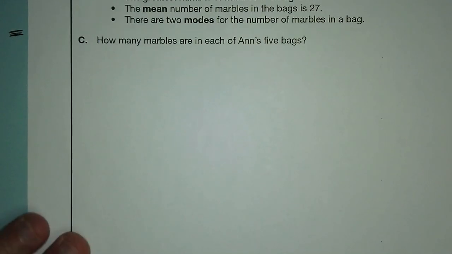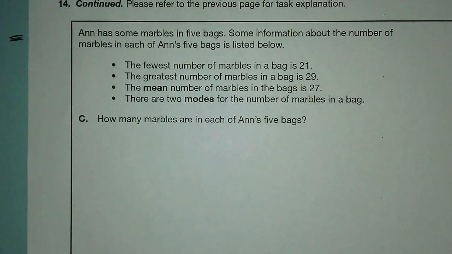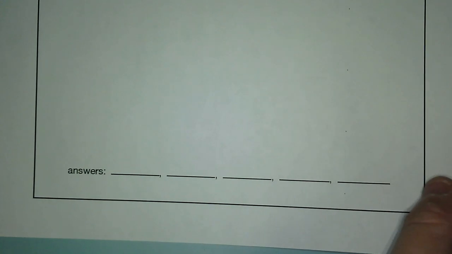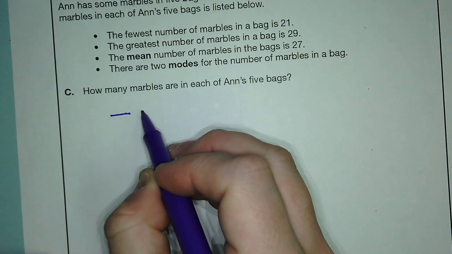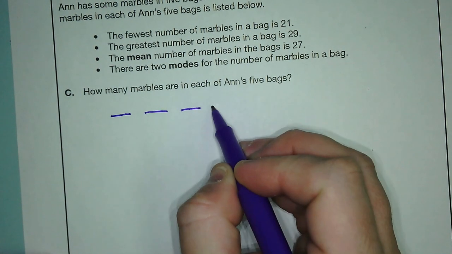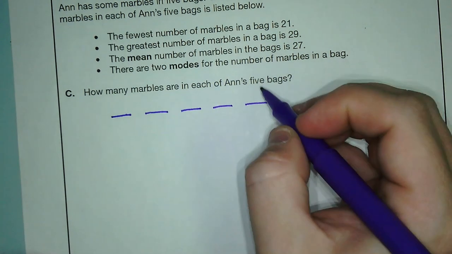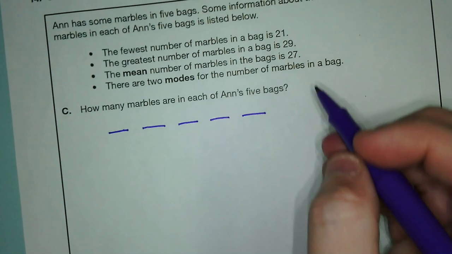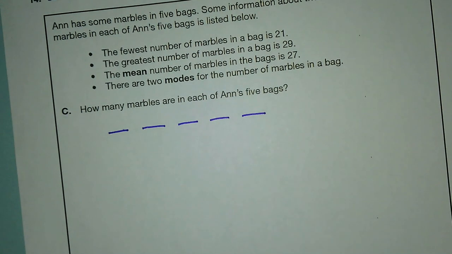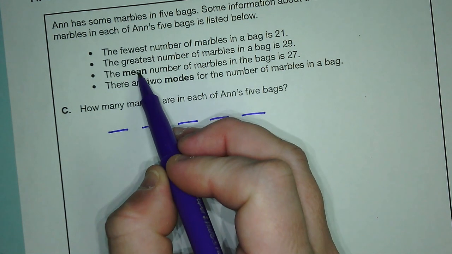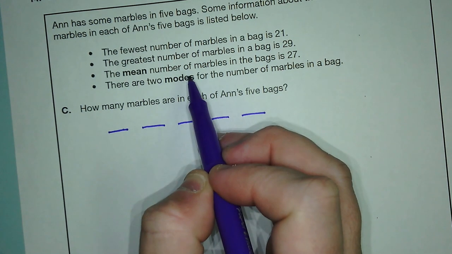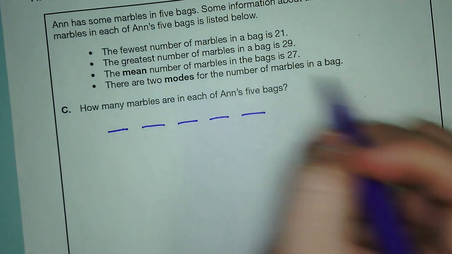With all of those clues, it looks like we have to figure out all the different numbers. So I'm going to do some scratch work. 1st bag, 2nd bag, 3rd bag, 4th bag, 5th bag. These are almost like clues to me, and you just have to utilize the fact that you know what the word mean means and what the word mode means to figure this out.